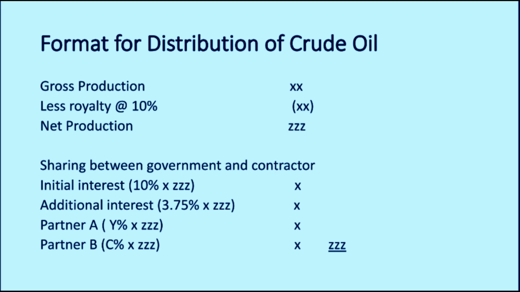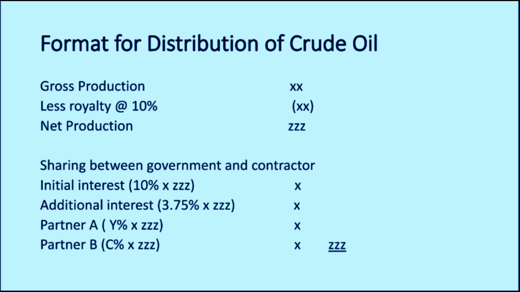So after you take your gross production, you less your sole risk, the sole risk received by government, which is also on production, just like the royalty. So you less your sole risk, you less the royalty at 10% or 5% or whatever it may be per the question. Don't assume. Use what is given in the question.